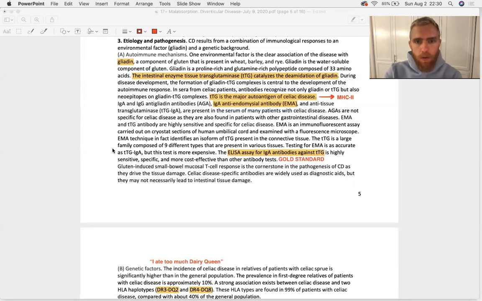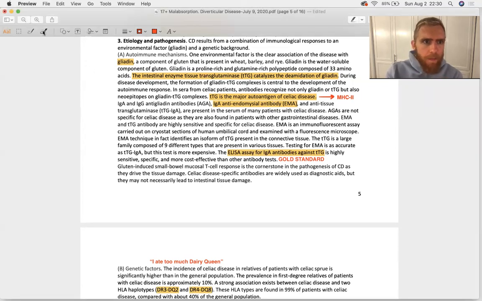Now, we know now that tissue transglutaminase is the major autoantigen of celiac disease, but that's a pretty recent finding. Before, we were doing all these screenings for anti-gluten, anti-gliadin antibodies, this IgA anti-endomysial antibody.